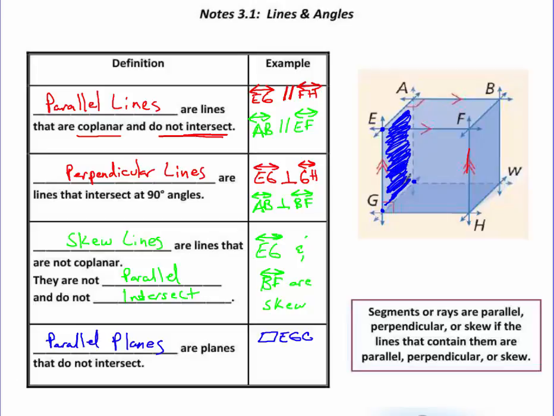So that plane is parallel to what plane? Okay, I'm going to use the letters FHW, and I'm talking about this plane over here. So think about parallel planes as the sides of a box, or the top and the bottom of a box, the front and the back, however you need to think about it. But parallel planes are planes that do not intersect.